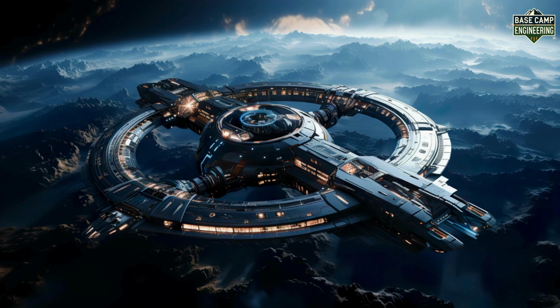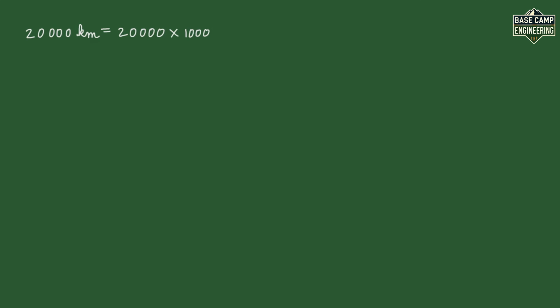Next, let's launch a spaceship. The spaceship's speed is 20,000 kilometers per hour, but the control team needs it in meters per second. First, convert kilometers to meters, which is equal to 20 million meters. Then, convert hours to seconds. 1 hour is equal to 3600 seconds.